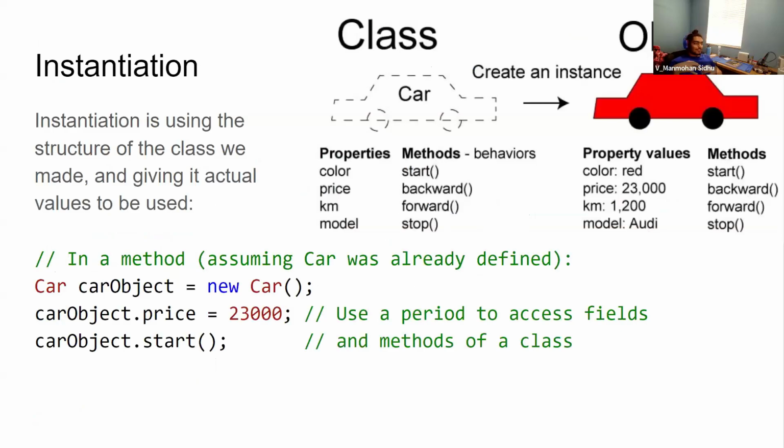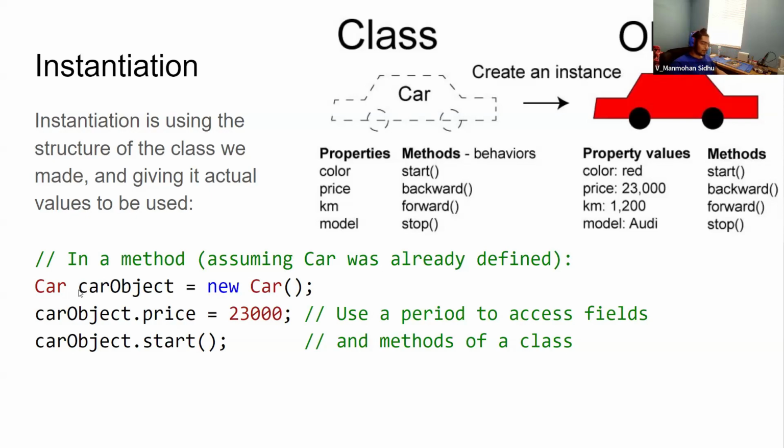Now, instantiation is a really big concept in object-oriented programming. You can see in the graphic here we have the class. The class contains the structure of an object. It contains all the methods and all the fields. You can't use the class that you've created until you've initialized it, and you can have multiple initializations of a class.